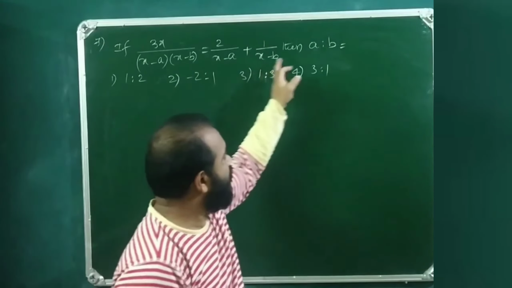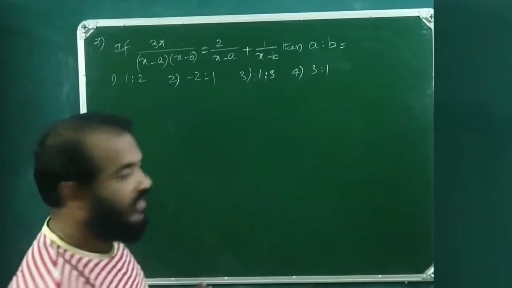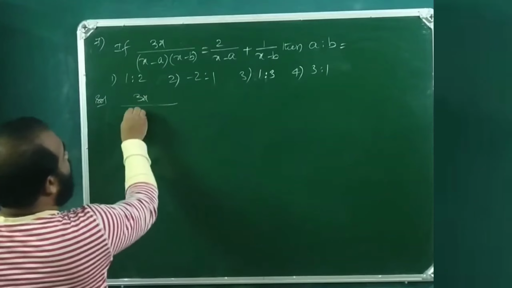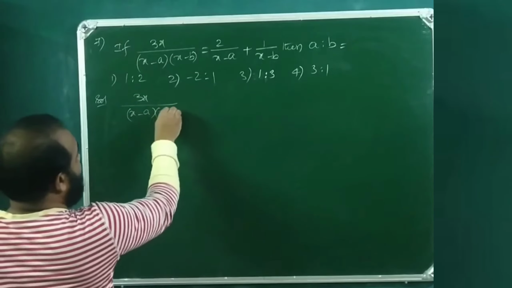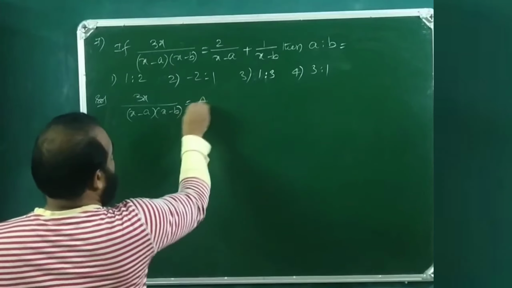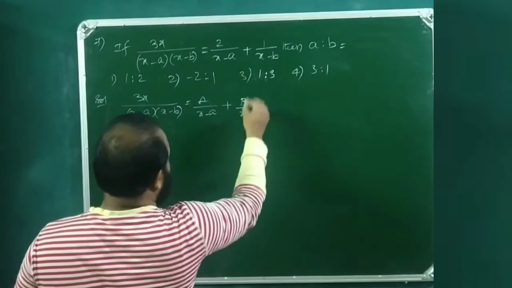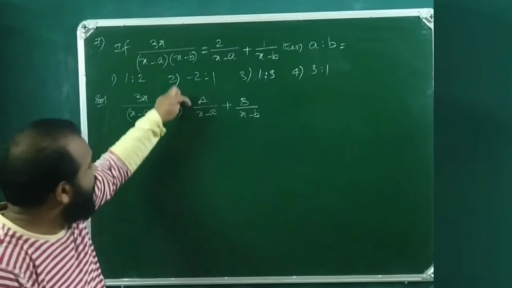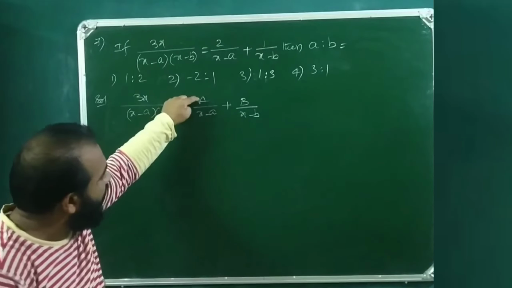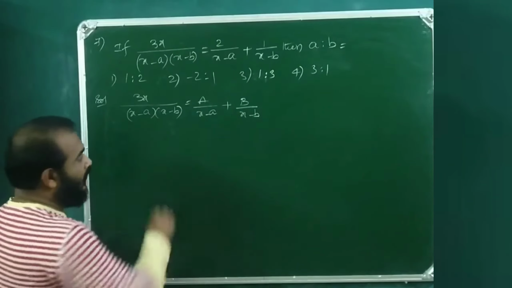If 3x by x minus a into x minus b equals to 2 by x minus a plus 1 by x minus b, then a is to b. The ratio is what he's asking. So 3x by x minus a into x minus b is equals to a by x minus a plus b by x minus b. To obtain the value of a, substitute x minus a equals to 0, x equals to a.